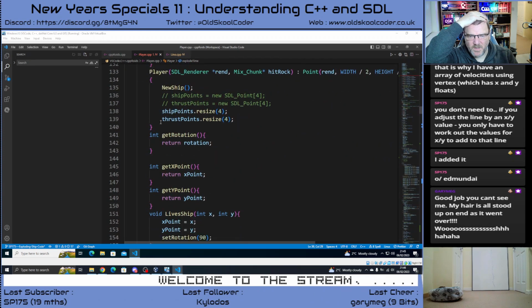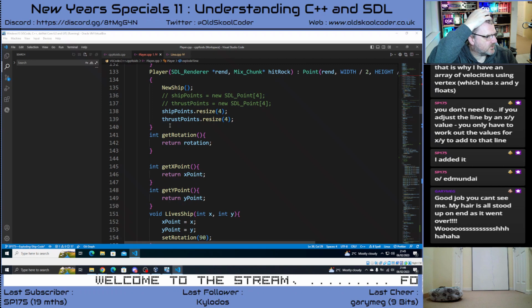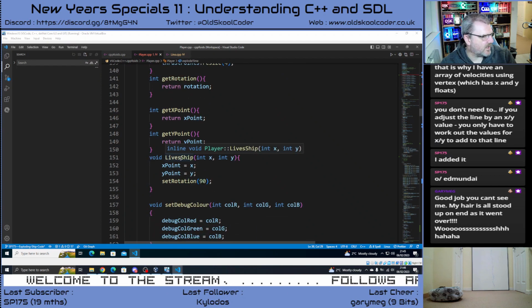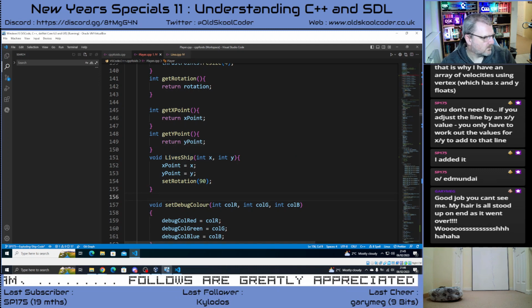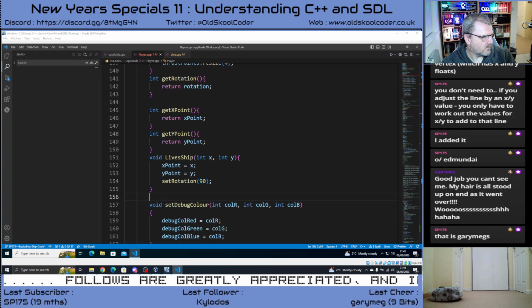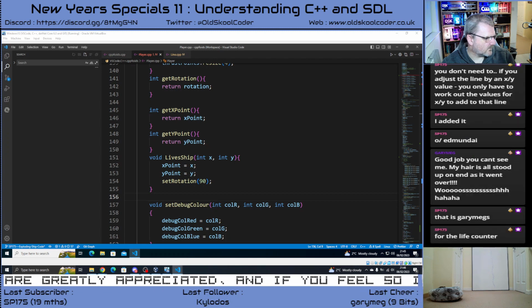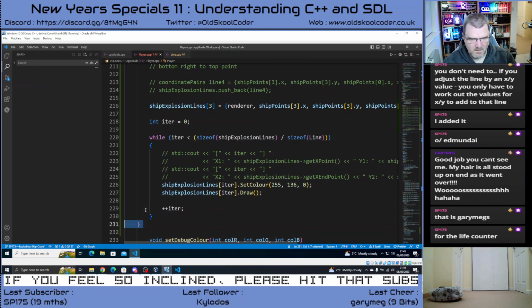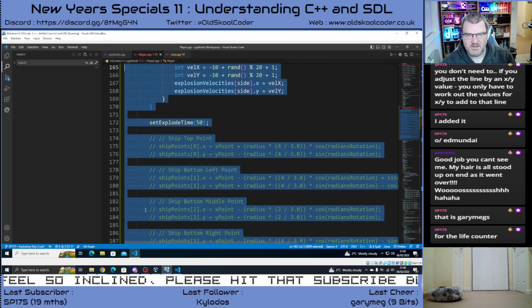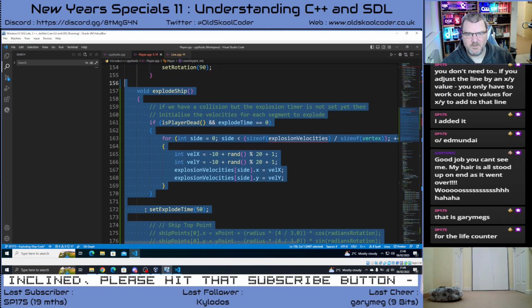Player, get rotation, set rotation. Oh, there's the ship there. Ship lives. Right, let's grab your code and stick it in here, and then we're going to see if we can slightly modify this to work for us, yeah?